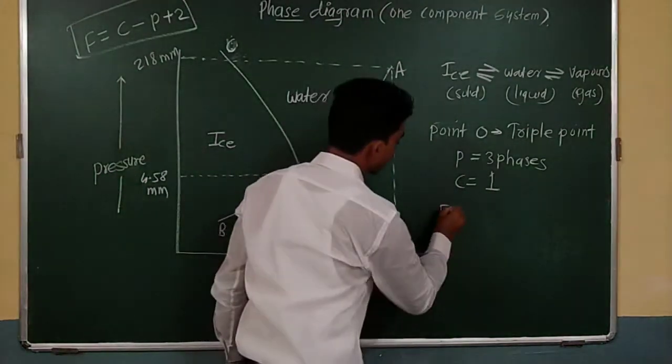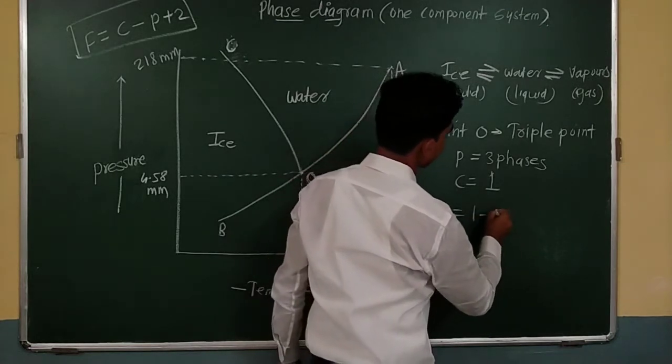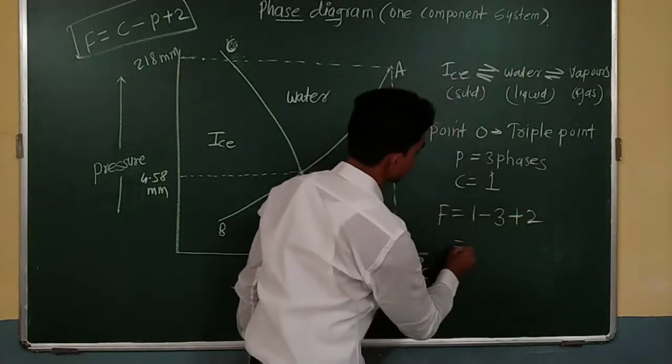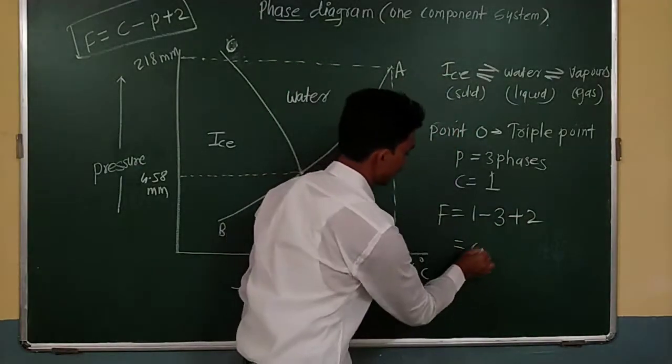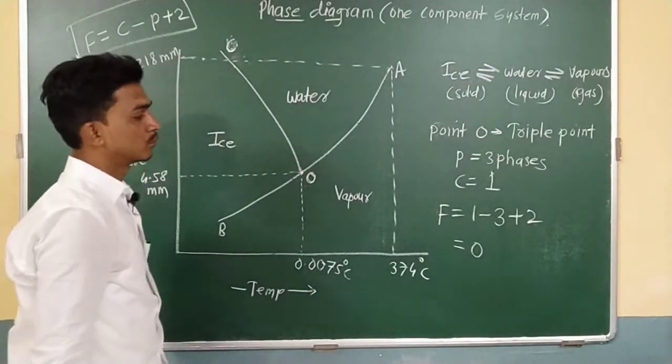So when I calculate F = C - P + 2, that is 1 minus 3 plus 2, I get the answer 0.